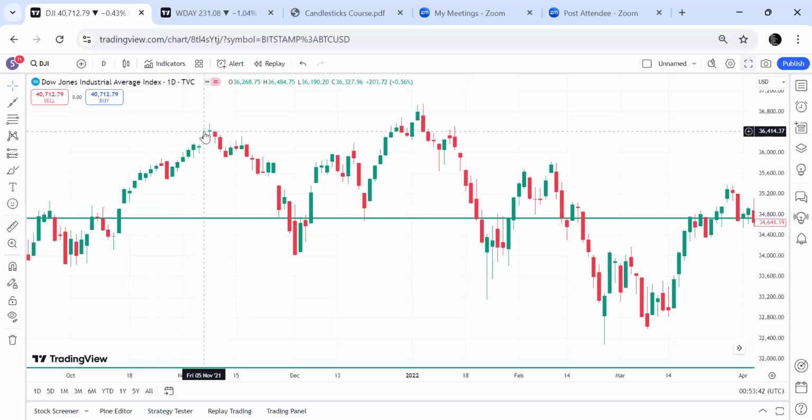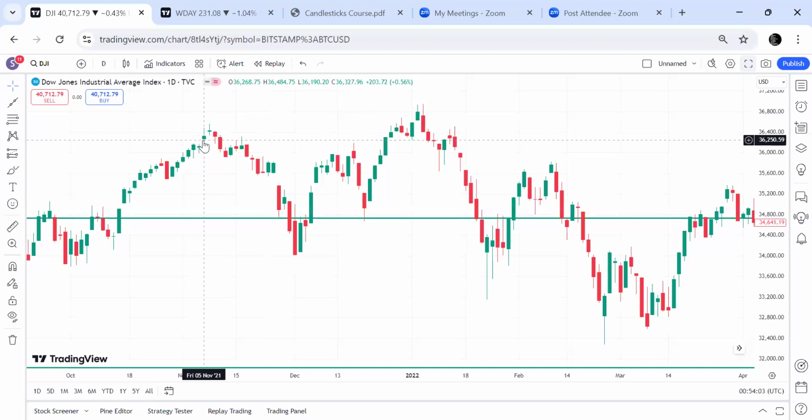The shooting star indicates a potential reversal to the downside, as the long upper wick shows that buyers tried to push the price higher, but sellers stepped in and brought the price back down.